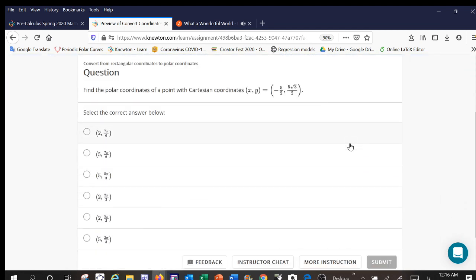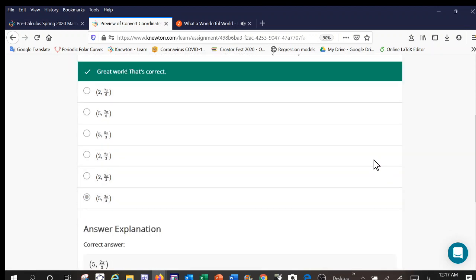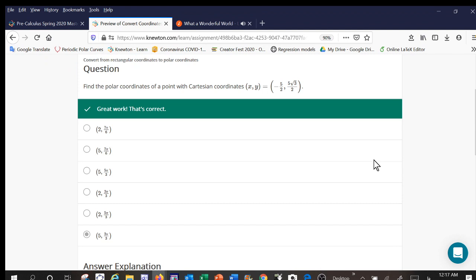So find the polar coordinates of a point with Cartesian coordinates x, y equal to that, right? Again, just use a calculator. You know that. Well, let's do it together. Since this one is rectangular, we have x and we have y.